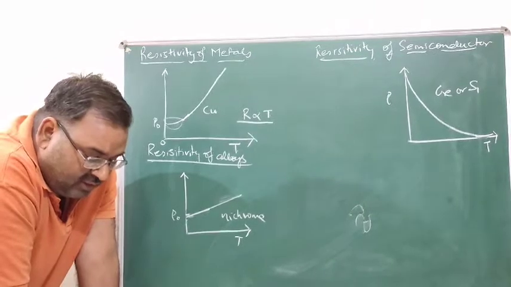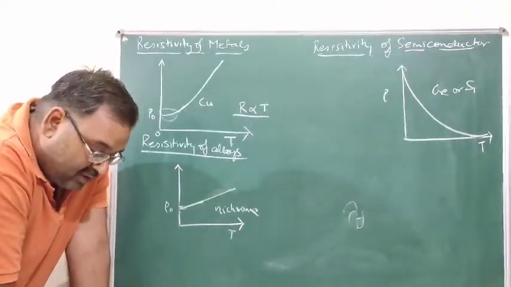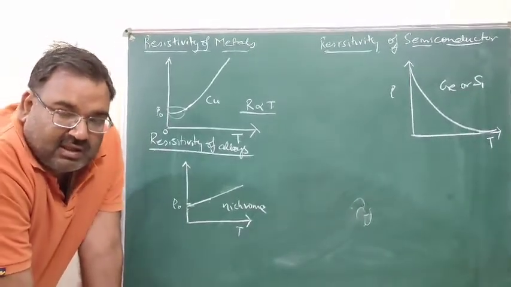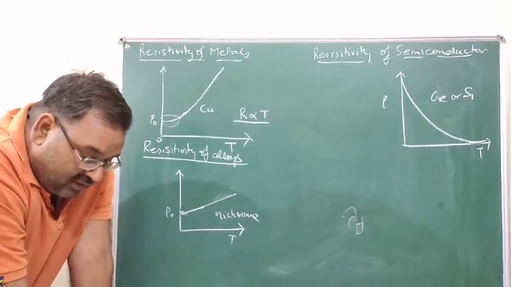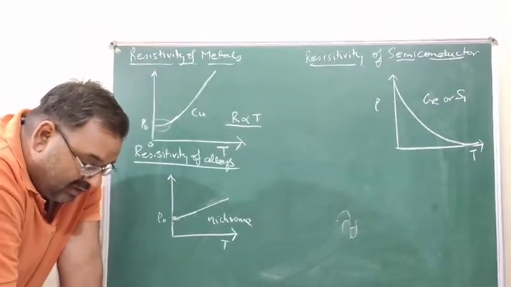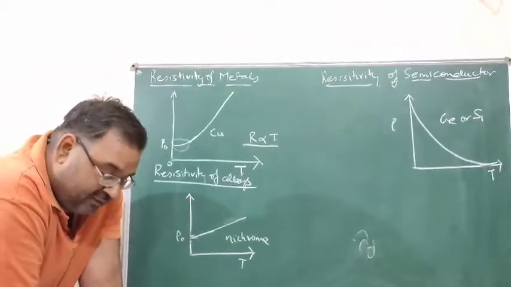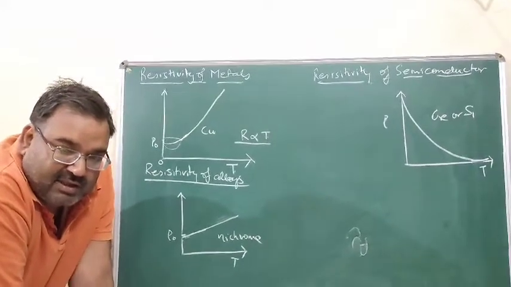The resistivity of the semiconductor decreases rapidly with the rise in temperature. As the temperature increases, the resistivity of the semiconductor will decrease rapidly. That is, their temperature coefficient is negative.